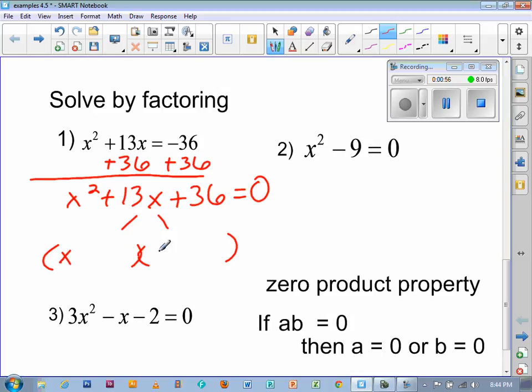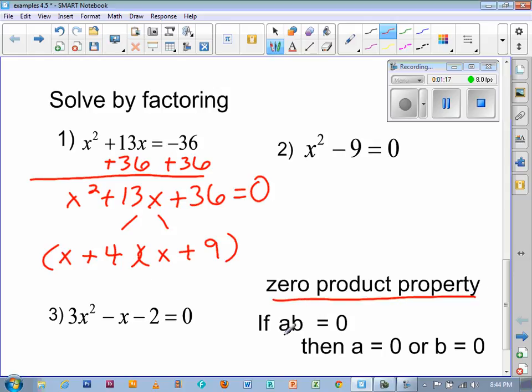That would be x here, and I'm going to use plus 4 and plus 9. The reason I'm using 4 and 9 is because 4 times 9 is 36, and 4 plus 9 is 13.